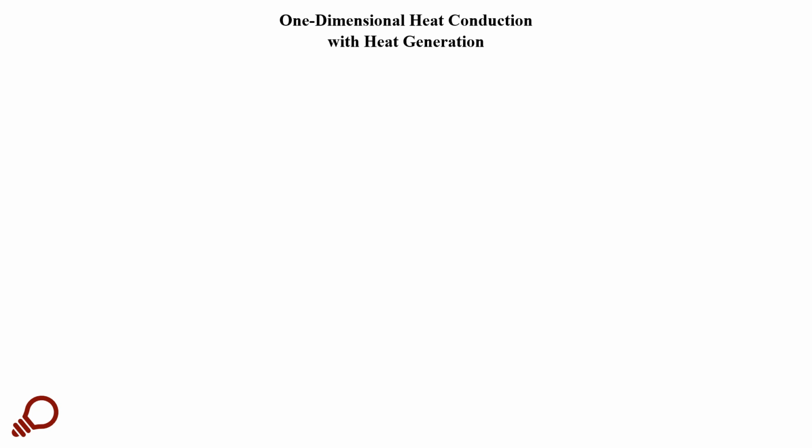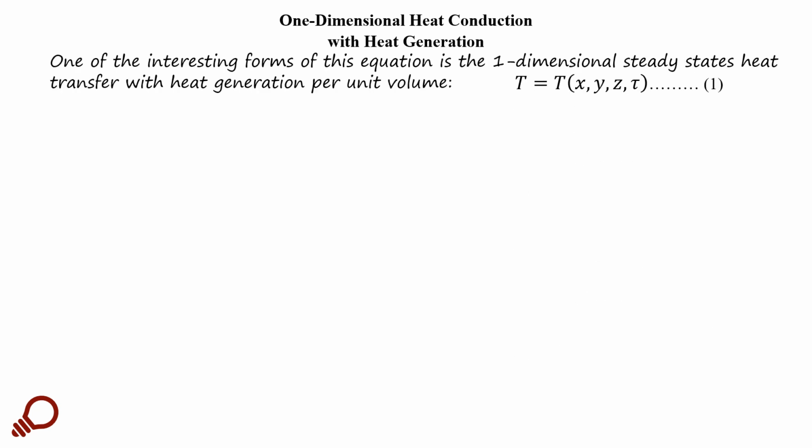Can we reduce the general form of the three-dimensional heat conduction equation in a solid material? One of the most interesting forms of this equation is the one-dimensional steady-state heat transfer.